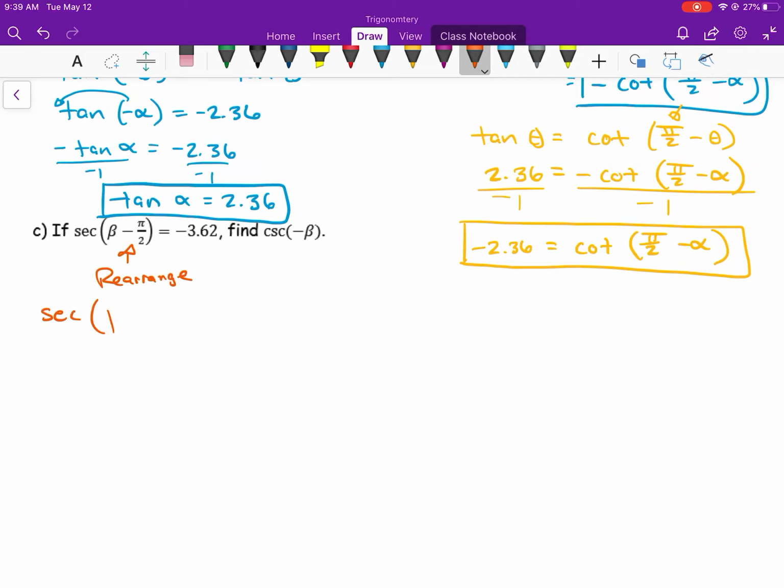Secant of beta minus pi over 2 is equal to secant of negative pi over 2 plus beta. Factor out this negative, so double parenthesis, and get pi over 2 minus beta.